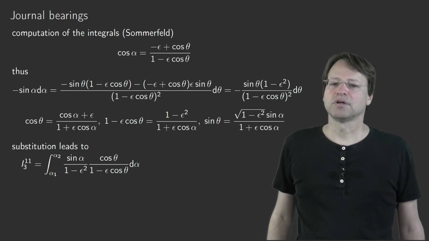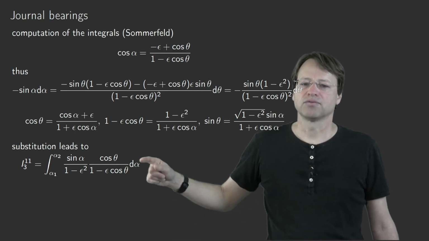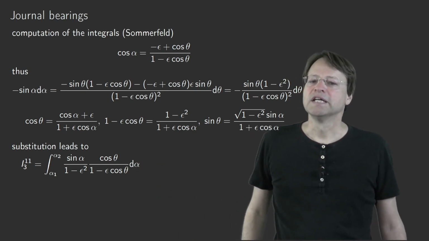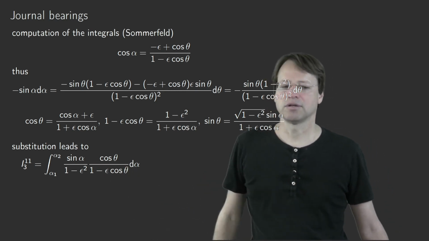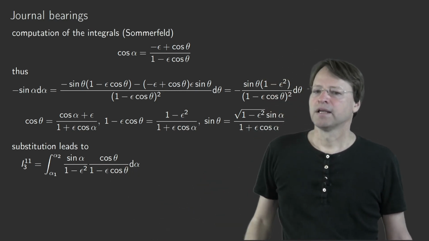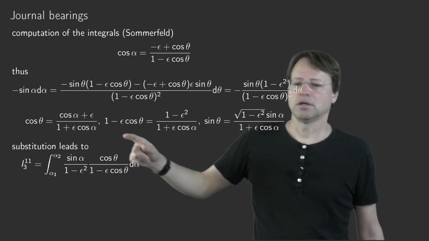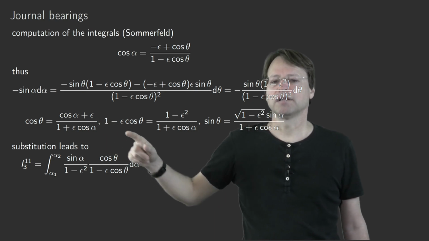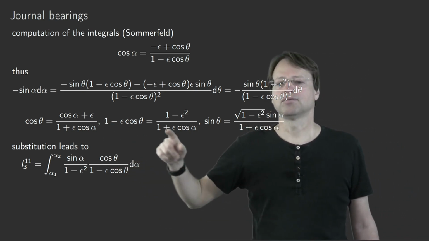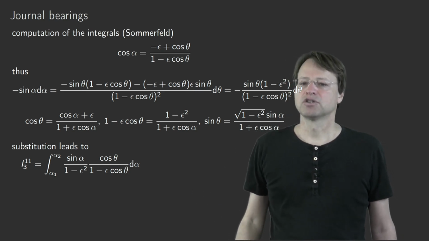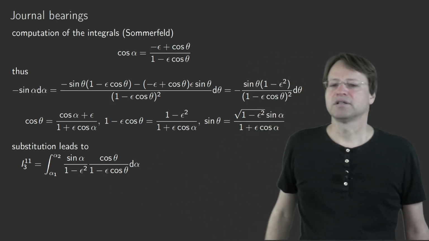So all we have to do now is plug in the expression for cosine theta and the expression for 1 minus epsilon cosine theta. This leads to another 1 minus epsilon squared, which is just a constant for that integration, so it does not make any problems here. And we get in the numerator the cosine alpha plus epsilon, and the two denominators will cancel. So we get sine alpha times cosine alpha plus epsilon divided by 1 minus epsilon squared.